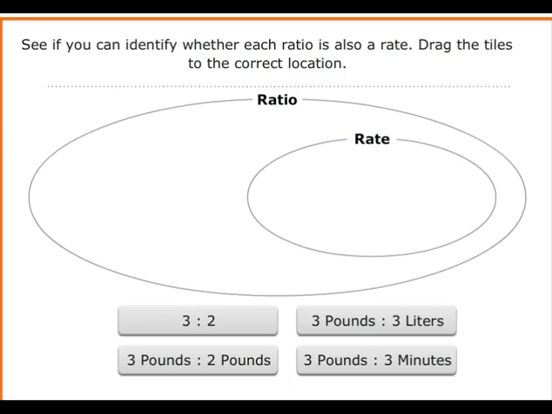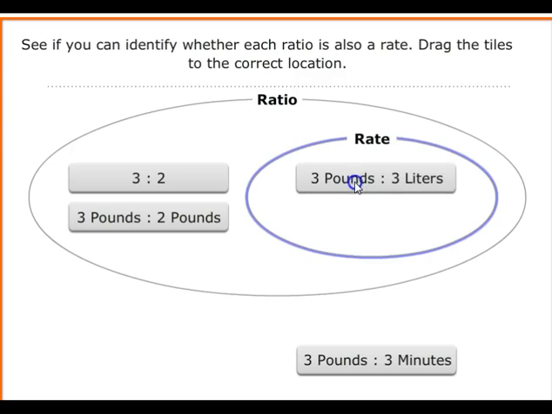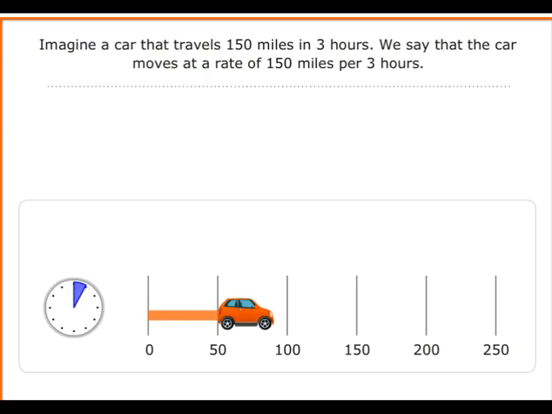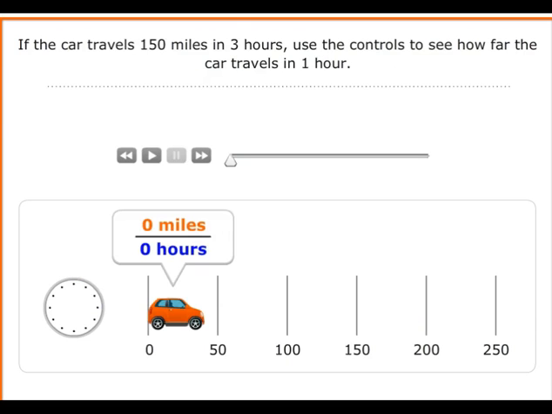See if you can identify whether each ratio is also a rate. Drag the tiles to the correct location. Imagine a car that travels 150 miles in 3 hours. We say that the car moves at a rate of 150 miles per 3 hours. If the car travels 150 miles in 3 hours, use the controls to see how far the car travels in 1 hour.